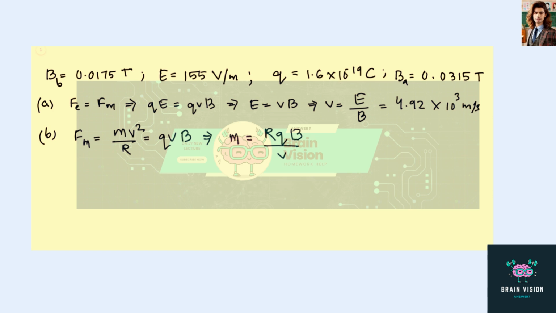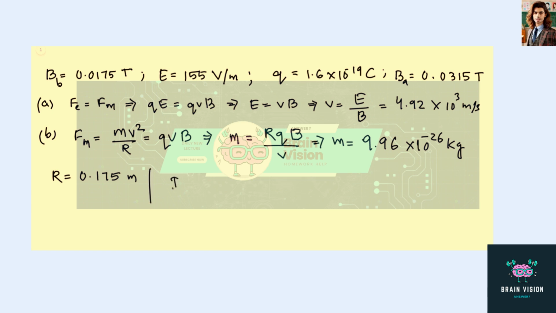So we calculate this and we find the mass to be, so the value of r is 0.175 meter, and we use that in this equation and we find the value of mass to be 9.96 times 10 to the power minus 26 kgs.